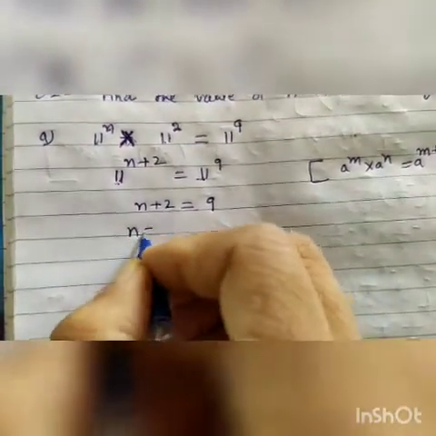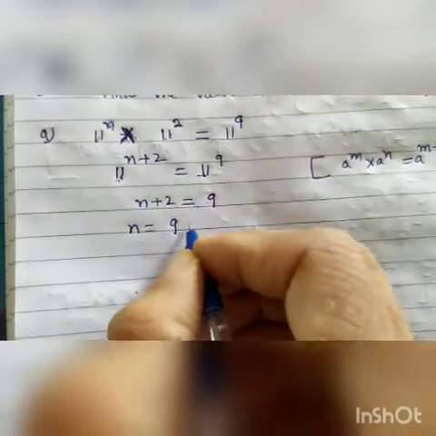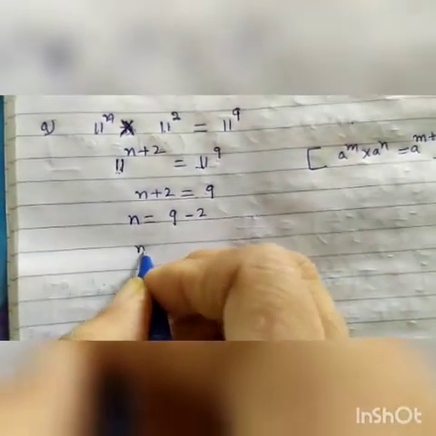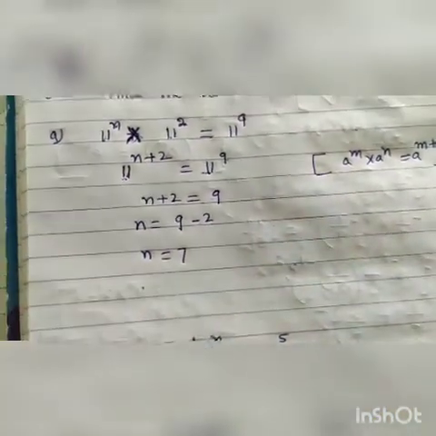Now n is equal to 9 minus 2, then n is equal to 7.